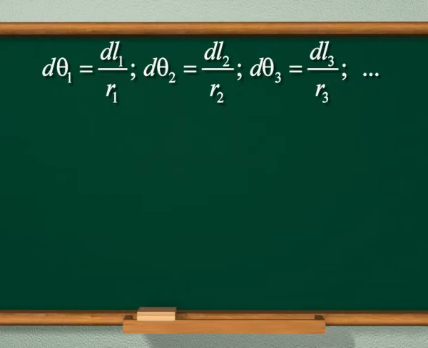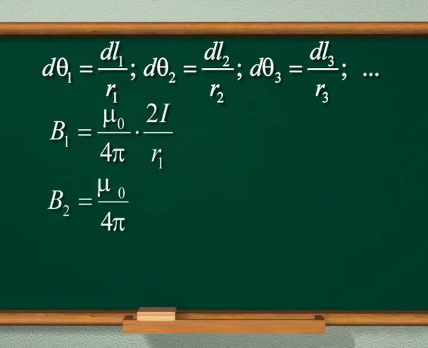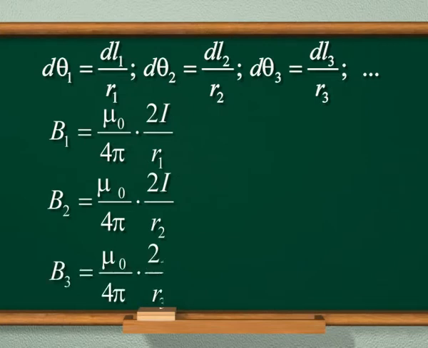If B1, B2, B3 are the magnetic field induction along the small elements dl1, dl2, dl3 and so on, then B1 would be equal to mu naught upon 4 pi into 2I upon r1, B2 would be mu naught upon 4 pi into 2I upon r2, B3 would be mu naught upon 4 pi into 2I upon r3 and so on.